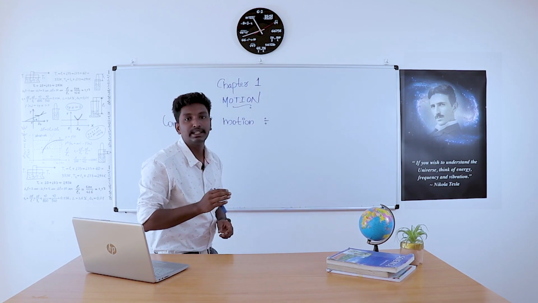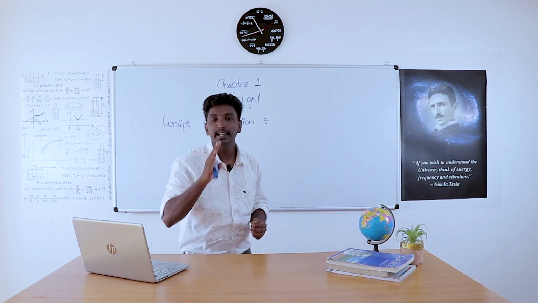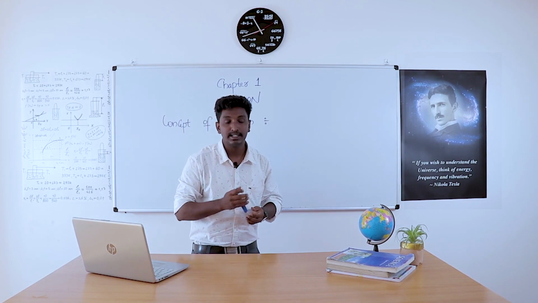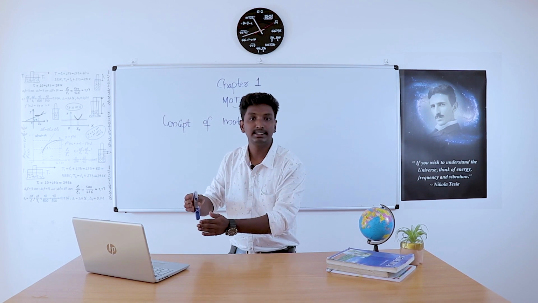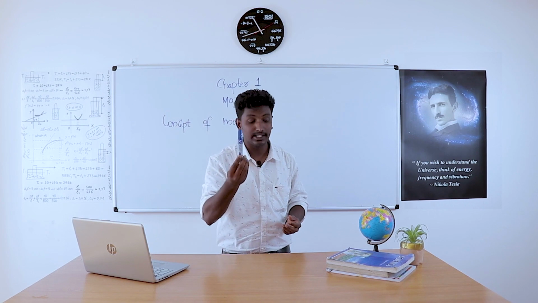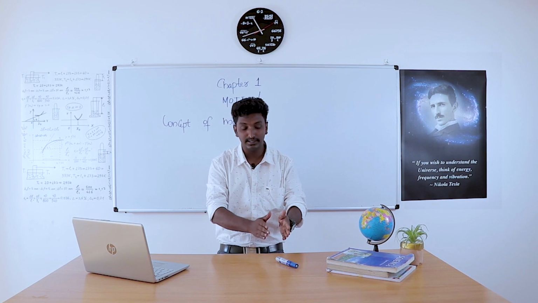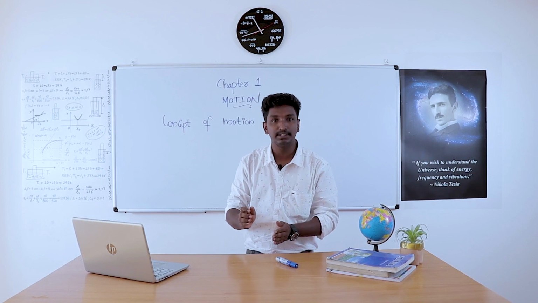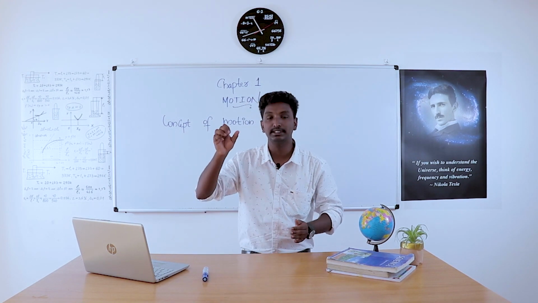If an object changes its position with respect to time, then the object is said to be in motion. That means when time goes on, if the position changes, then the object is said to be in motion. If we consider an object just here, when I am looking, it is in this position. But after some time, again I look and the object takes this position.